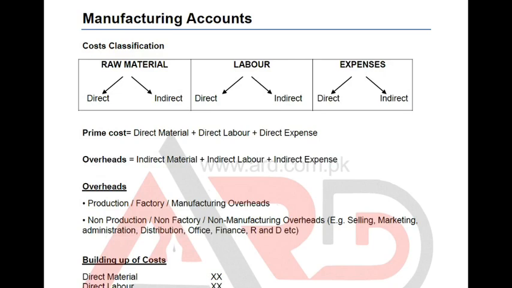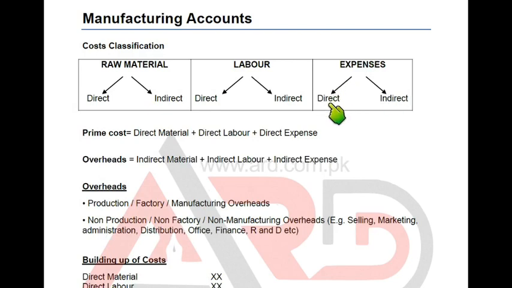Royalty means if we are making a product that is not owned by us, and we have taken a license from abroad, maybe the US, UK or some other country, and we are making this product in some Asian country, the Asian manufacturer will need to pay royalty, a sum of money, to the original inventor of that particular product, the original founder who has the license for this product. So royalty is normally based on per unit. So royalty is a direct expense. I hope you are getting the difference.